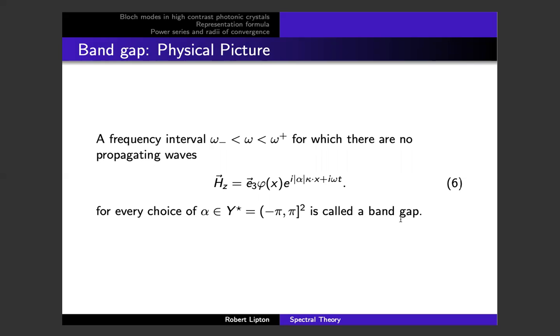That is, there are just no waves propagating in the crystal for those frequencies along any direction. And the physical mechanism behind all of this is multiple diffraction off the scatterers. So what we would like to do is understand when that could occur.